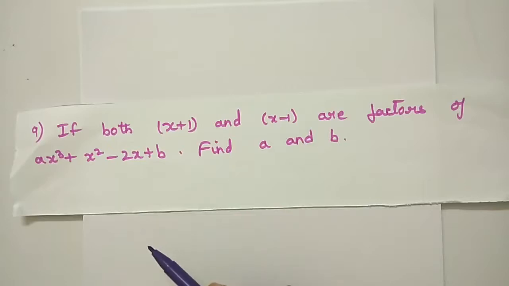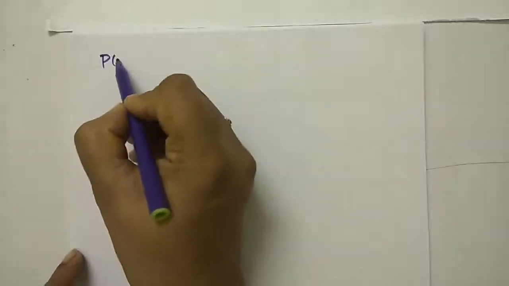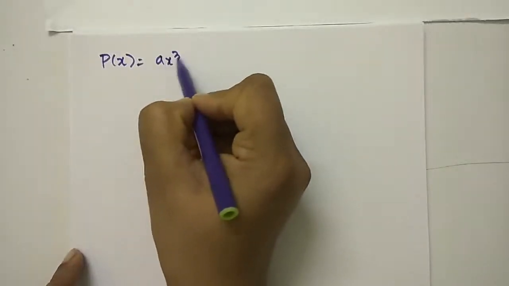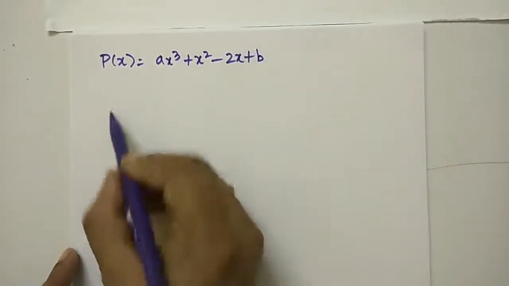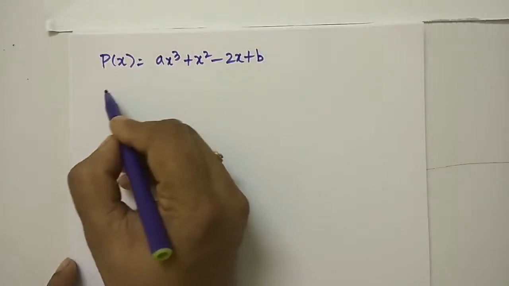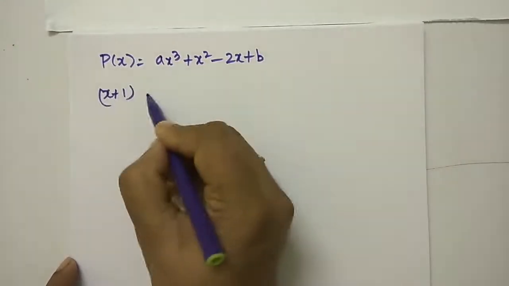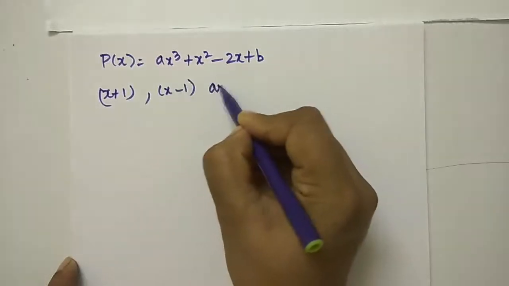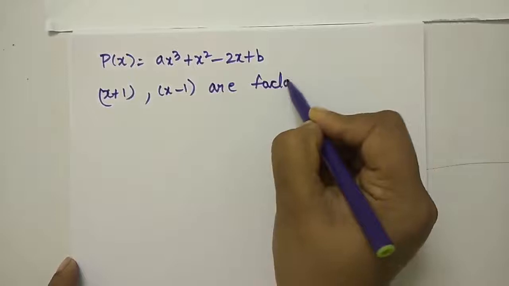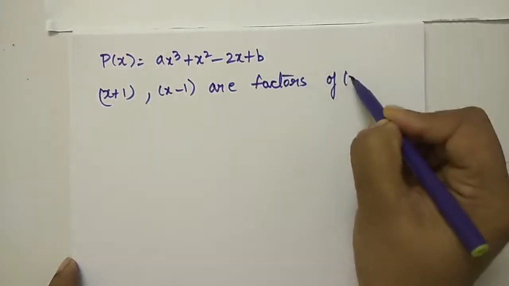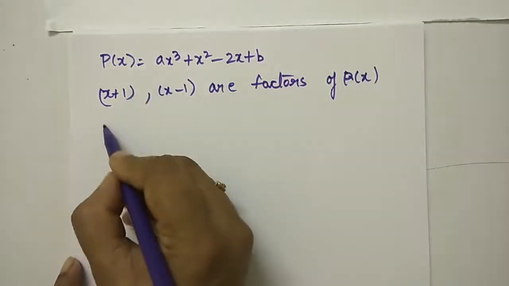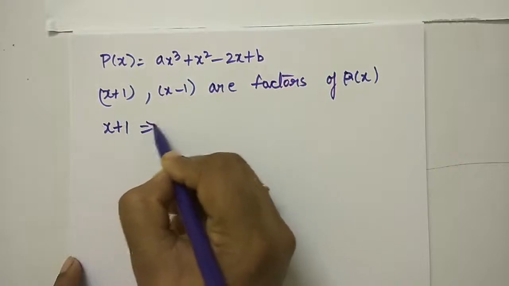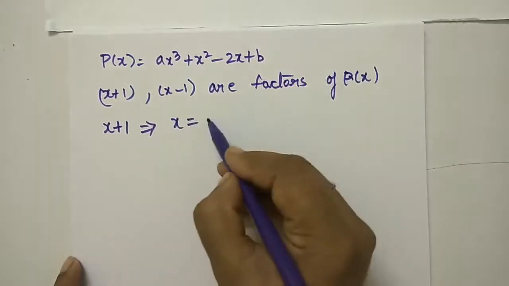Now let us start the solution. We got the hint. Given p of x is equal to ax cube plus x square minus 2x plus b, and given that x plus 1 and x minus 1 are factors of this p of x. So if x plus 1 is a factor, as it is linear we can get the value of x. Is it not? x is equal to minus 1.